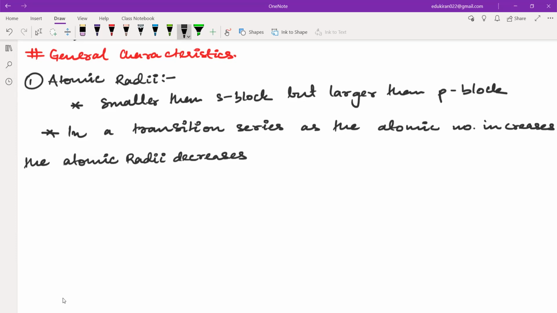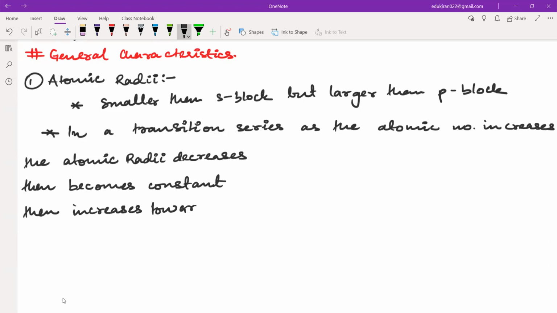Then in the middle, it becomes constant. Then it increases towards the end.